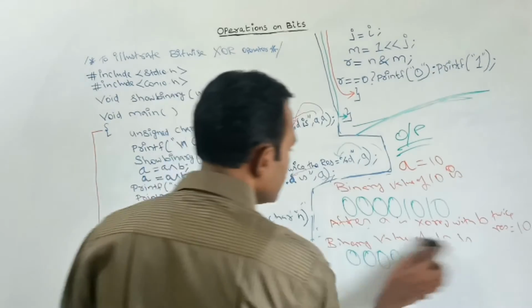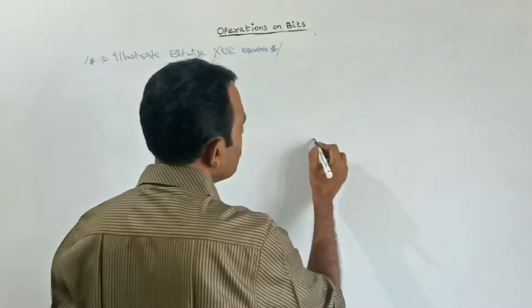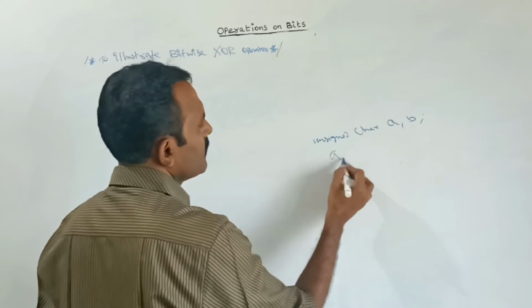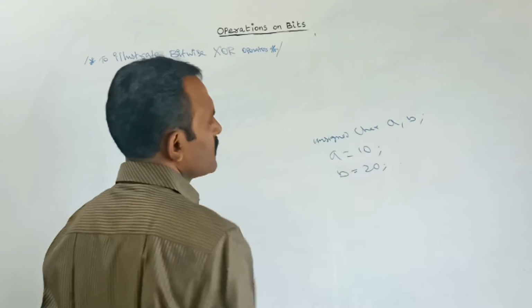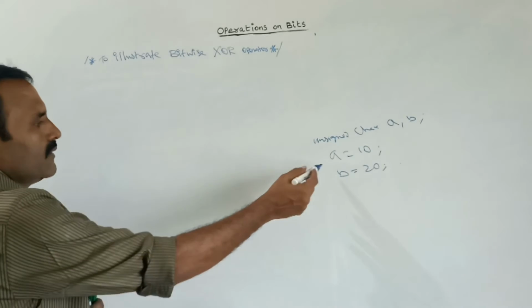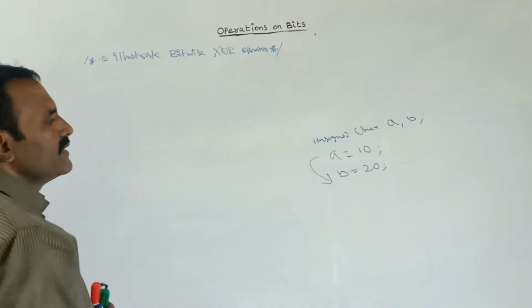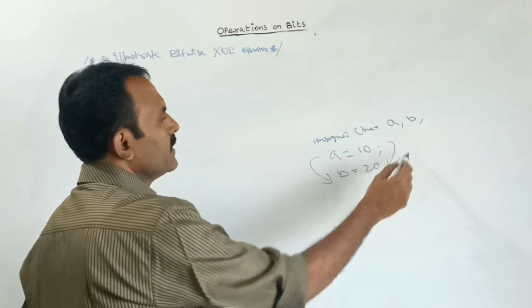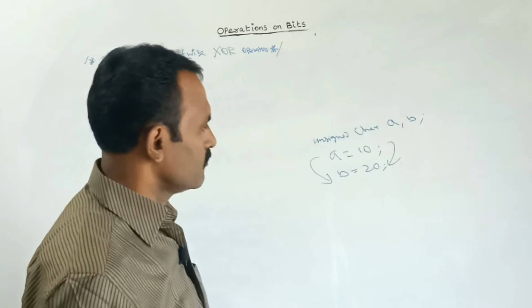Say for example, I want to get the B value into A and the A value into B. I want to swap these two numbers.